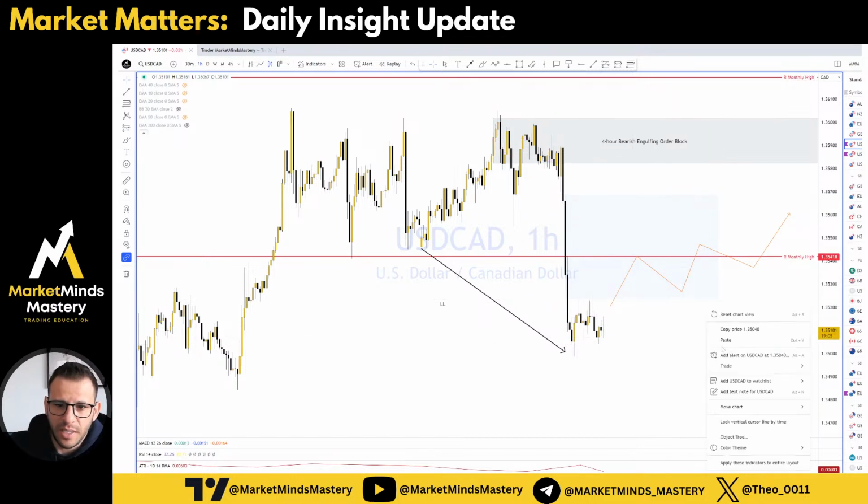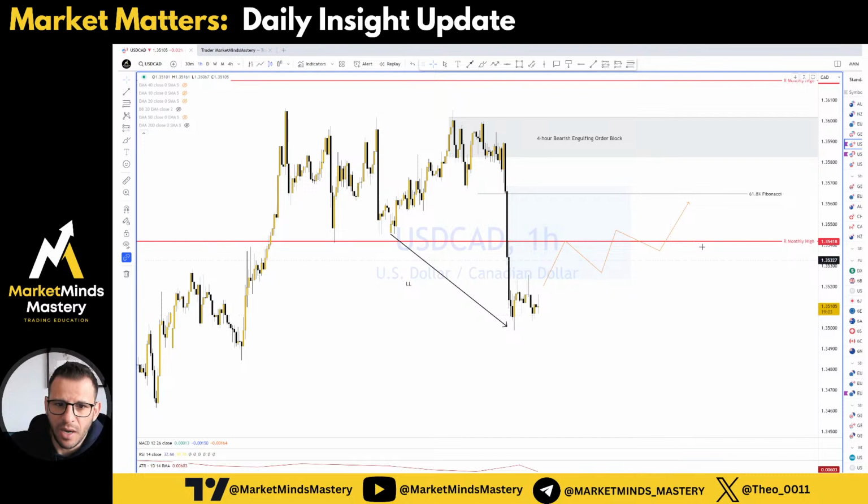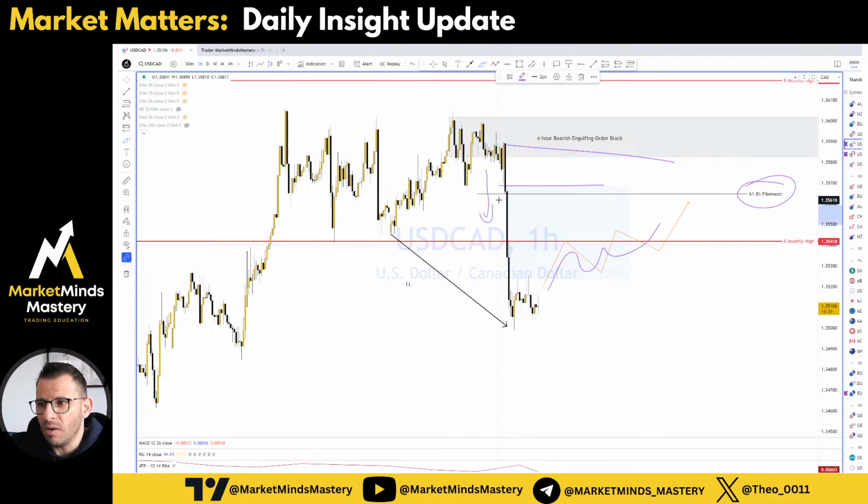What's significant at this level here is the 61.8 Fibonacci area up there, guys. So if the price moves upwards and interacts with this 61.8, as we also have a 4-hour bearish order block as well as an hourly bearish order block created yesterday after this downward robust move, we will definitely be looking to get involved again with this one.